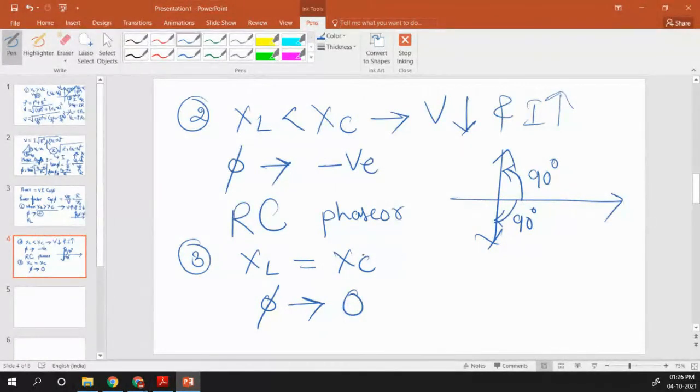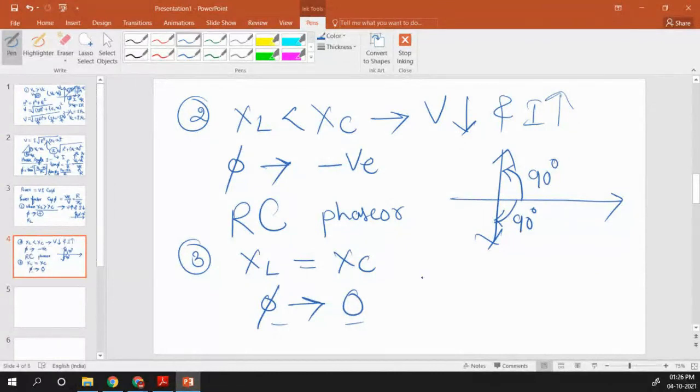So quickly give your response. This circuit will behave like RL series circuit, RC series circuit, or purely resistive circuit. These are three options. Purely resistive. Yes, you are right. So you can see there is no phase angle right here.